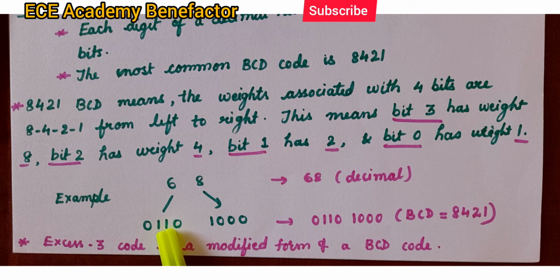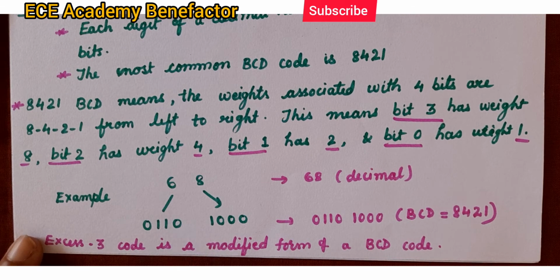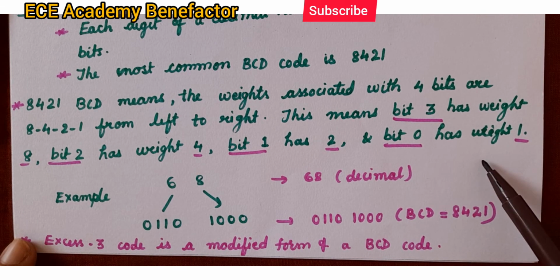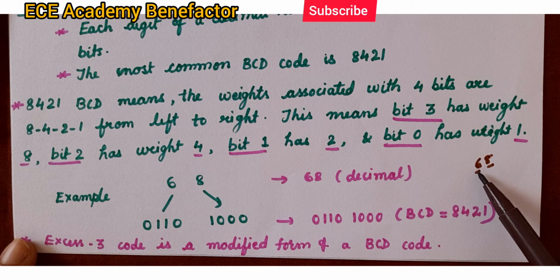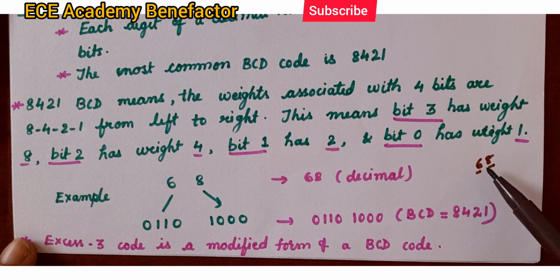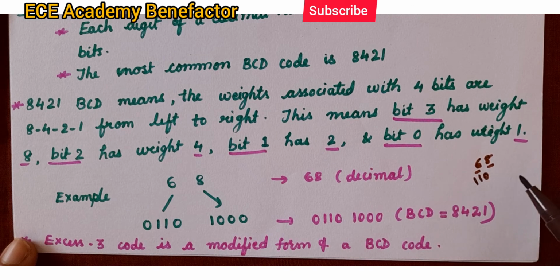One way of easily remembering the BCD code is to represent each decimal digit by its 4 binary bits. 6 in binary is 110, so add 0 before it.